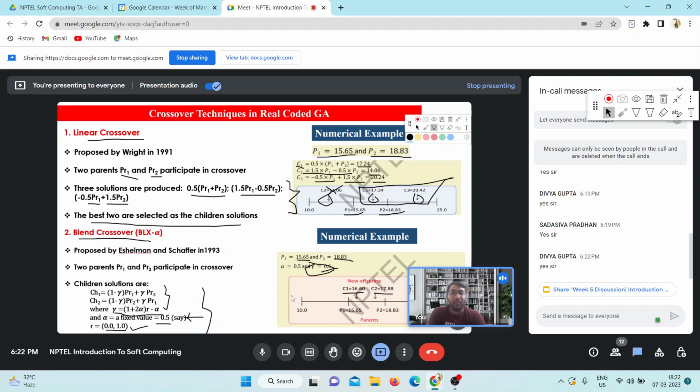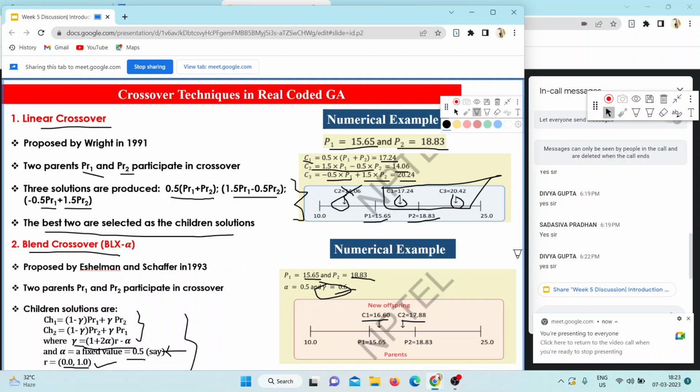You can openly tell me that this portion is not clear or this part is not clear. The more interactive the class is, the more we will learn together. Please interact by unmuting yourself, or you can write in chat. Okay, so let's move to the next question.